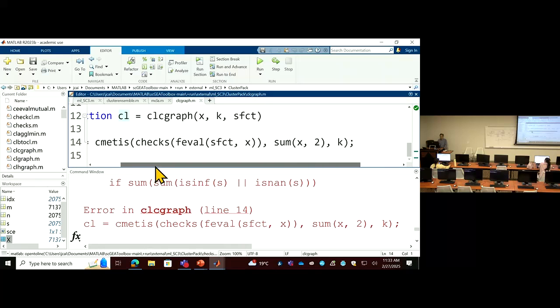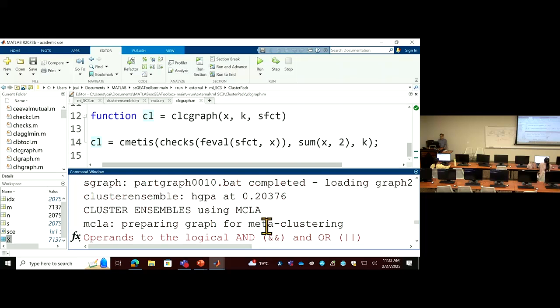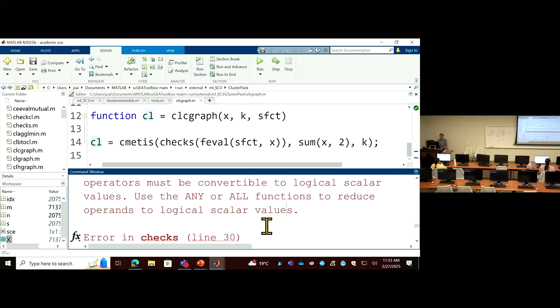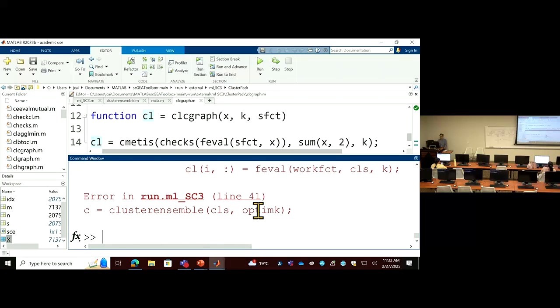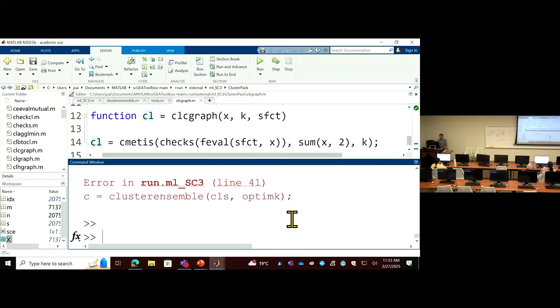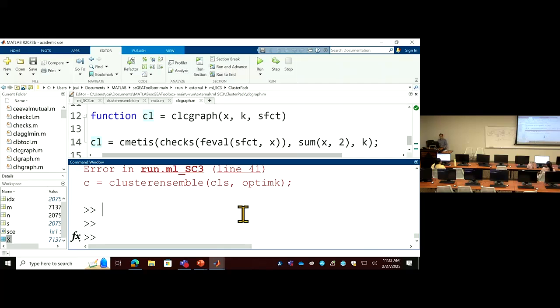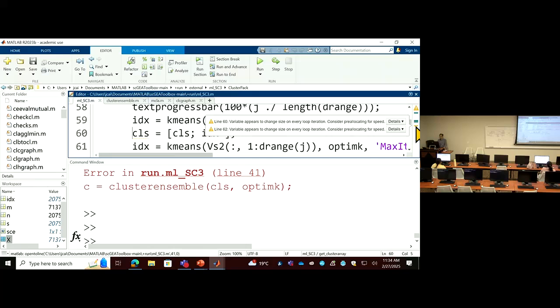So it's another function inside here. Maybe it's a bug, maybe it's in this situation. So we cannot test this at this moment. I have to figure out what's wrong with this particular problem, and I will update you later.